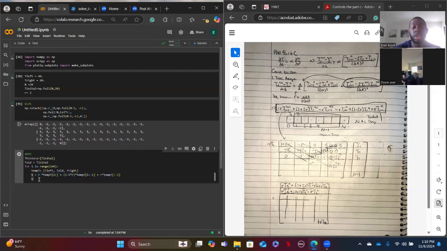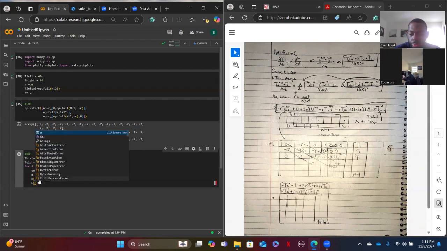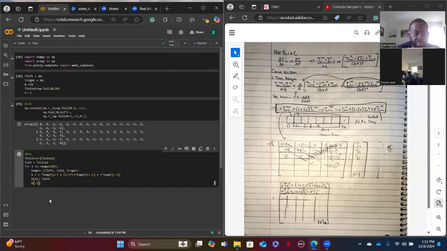We need to state at position 0, the first position, that heating is being put into the side of the block. So at position 0 this would be equal to T left, and our final position will be equal to T right.